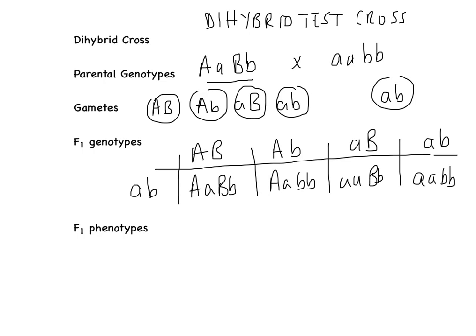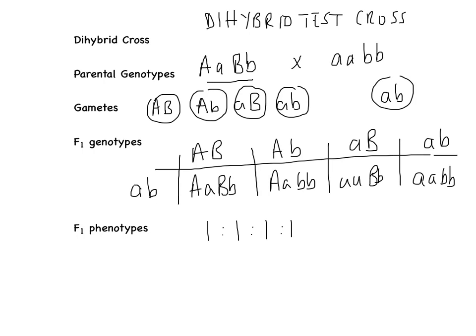So in terms of the phenotypic ratios, we have big A, big B, big A, little b, big B, and little a, little b. So that gives us a 1:1:1:1 ratio, which is the standard Mendelian ratio for a dihybrid test cross.